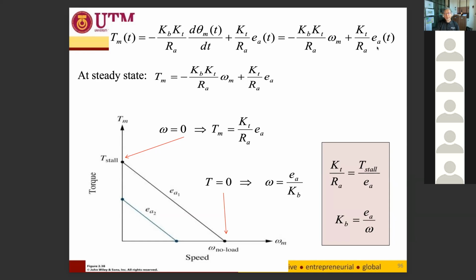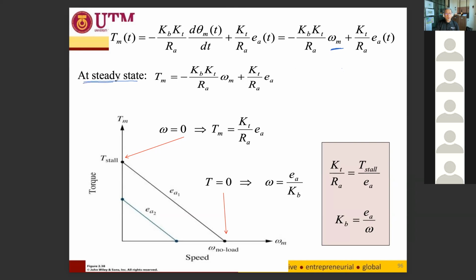This is the input voltage, and this is the frequency, omega m, at steady state.